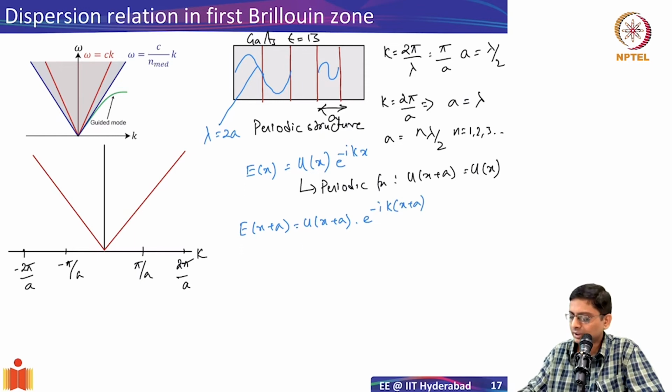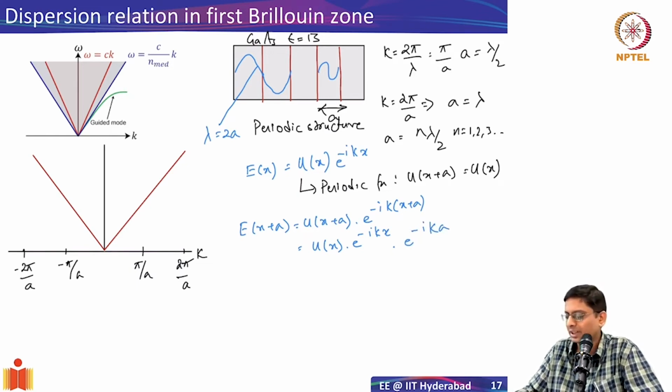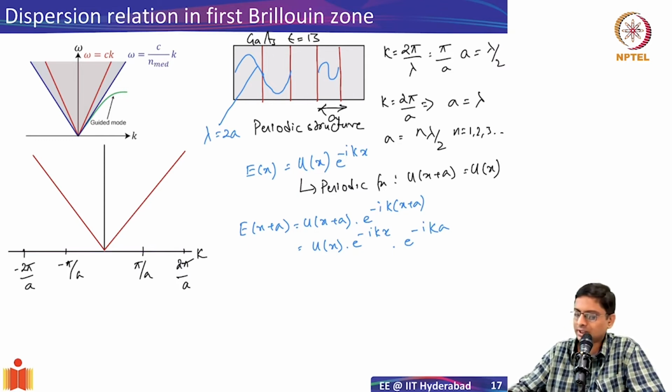So it turns out to be equal to u of x exponential minus ikx and exponential minus ika. But now, when a is equal to lambda by 2 or n lambda by 2, this entire thing, you can see it quickly, is equal to e power minus i pi, or plus or minus i pi, I should say.